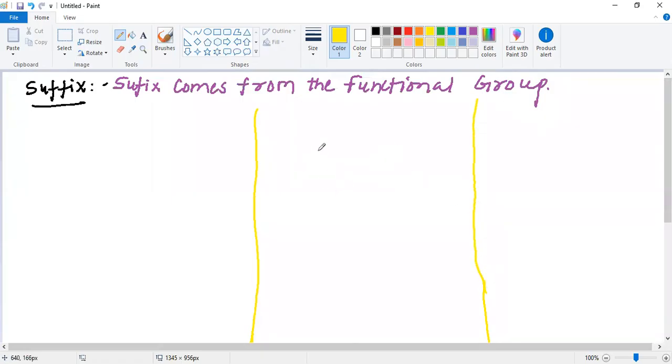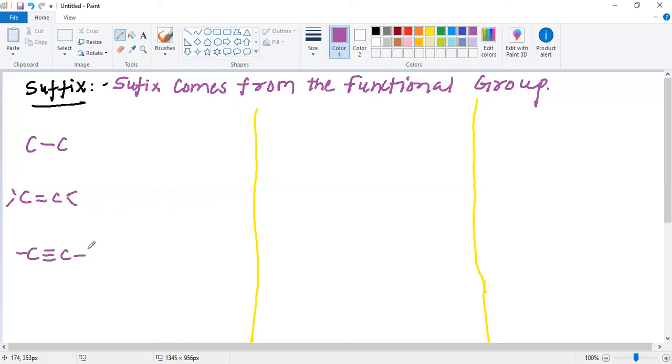So let us study about the various suffixes that we may have. We may have various suffixes for the various functional groups. Let us move forward and understand. Suppose we have C single bond C, which is known as alkane. Then we may have C double bond C, we may have C triple bond C. This is how it goes.